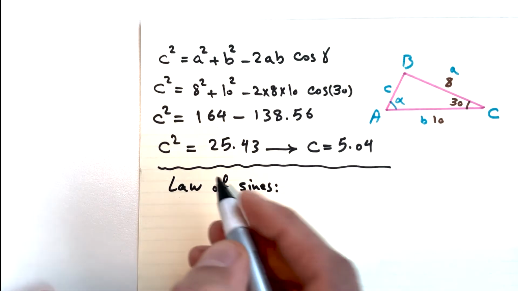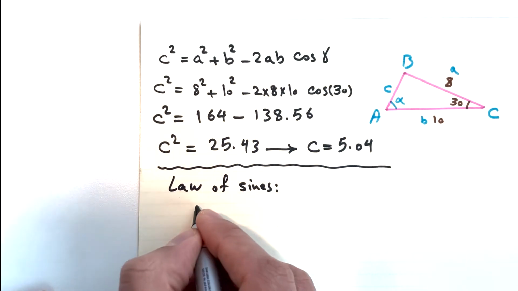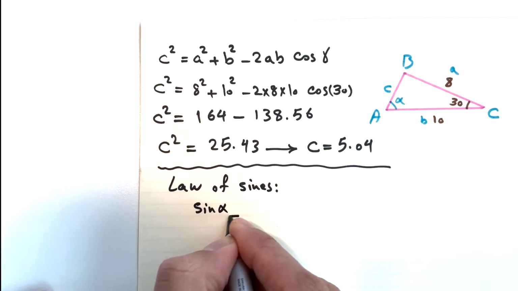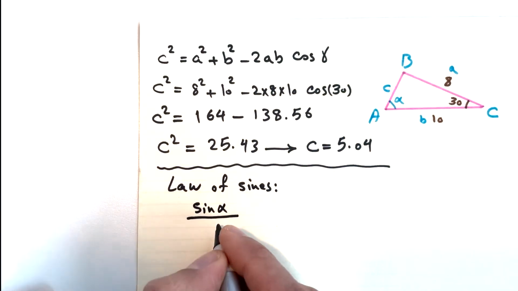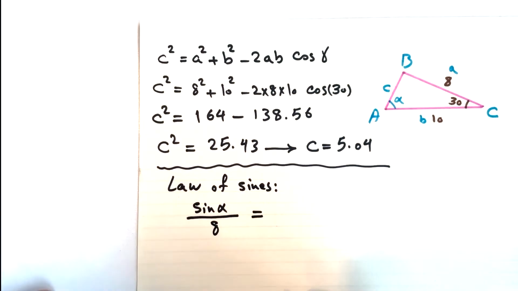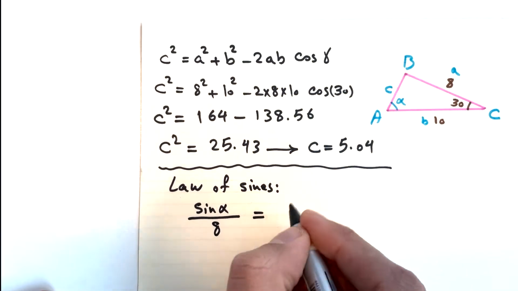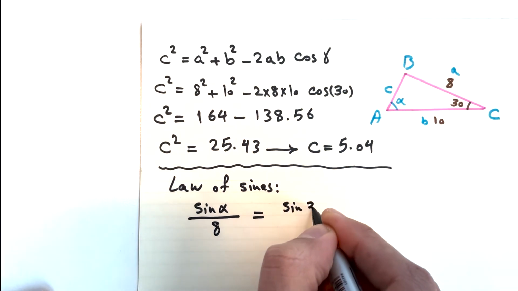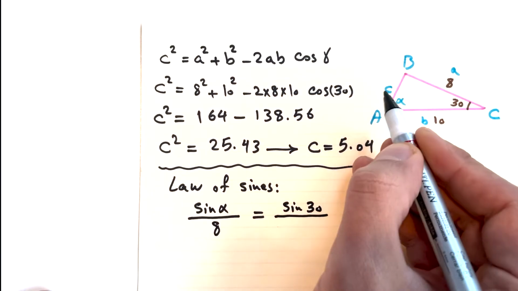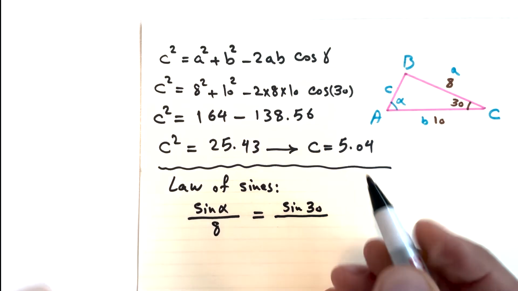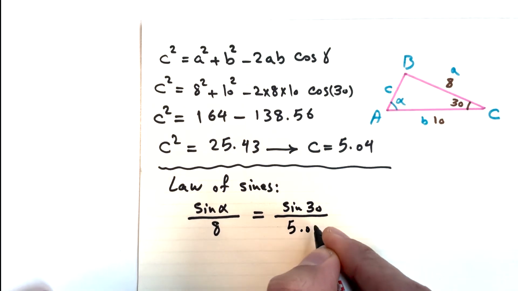So based on the law of sine, I can write sine alpha over 8 should be equal to sine 30 over the value of c, which we found here, 5.04.